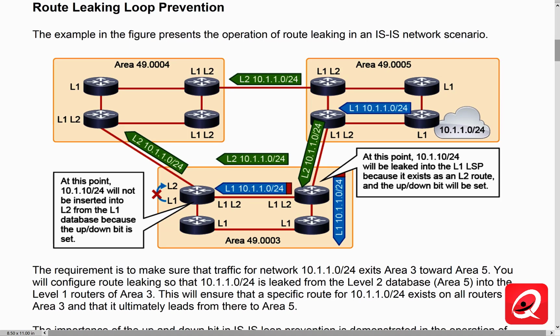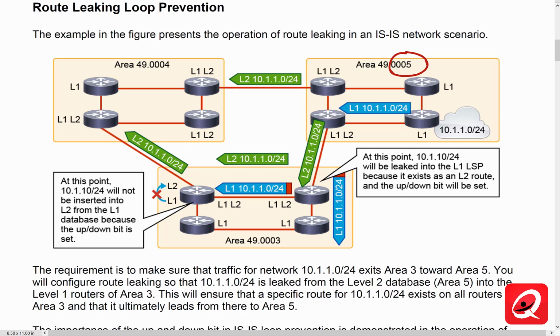So as I mentioned before, there is a loop prevention mechanism when we are doing this route leaking. Let's say in this particular topology, we want to make sure that the traffic for the 10.1.1.0 network, which goes from area 3 towards area 5, takes a specific path. So area 5 here and area 3 here.